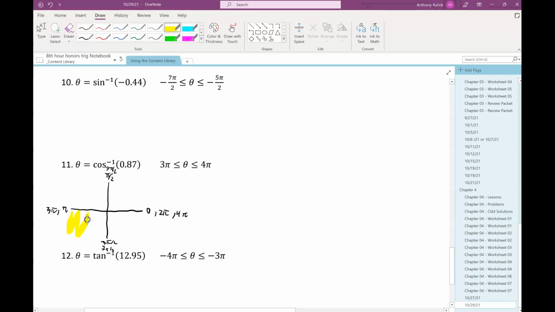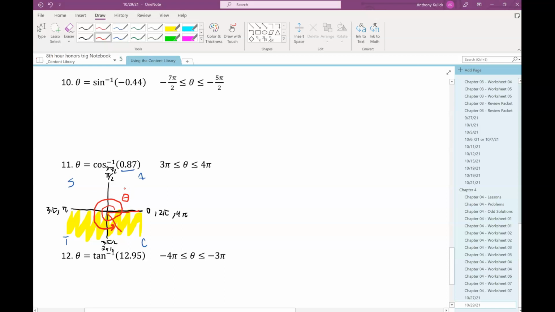So 3 pi to 4 pi is quadrants 3 and 4. Of those two quadrants, using all silly turtles crawl, cosine is positive in quadrant 4. So I have once around, and then there is my theta.